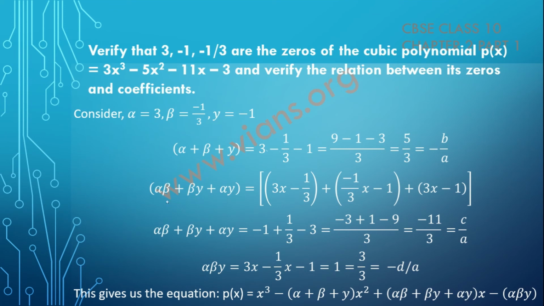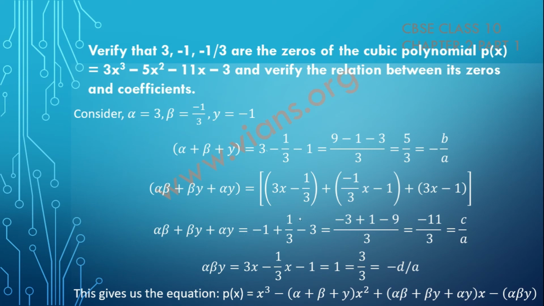Similarly, alpha beta plus beta gamma plus alpha gamma is equal to 3 into minus 1 by 3 plus minus 1 by 3 into minus 1 plus 3 into minus 1.